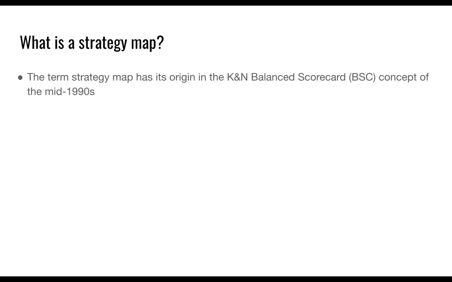Talking about the origins of the strategy map concept, of course, it existed a long time ago, but the period when the term became popular was with the Kaplan and Norton balanced scorecard concept, in the mid-90s.